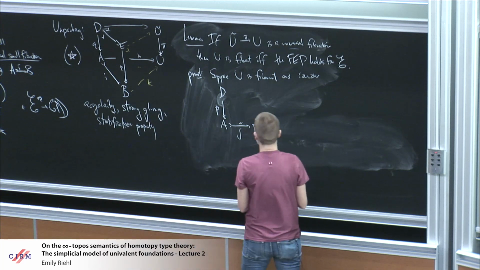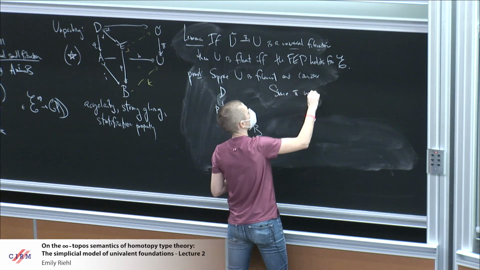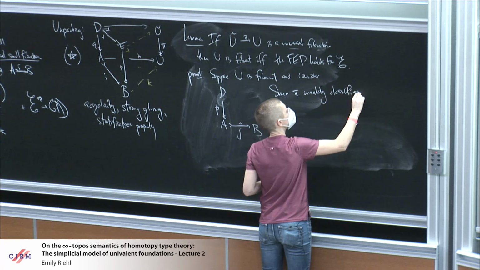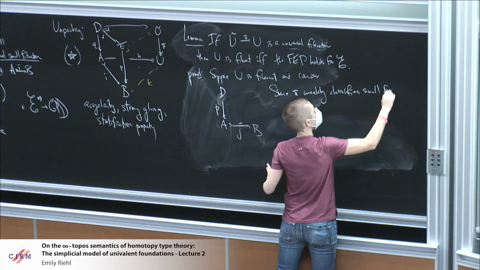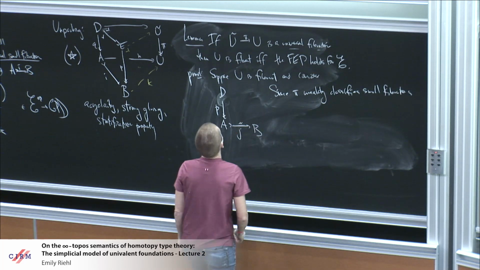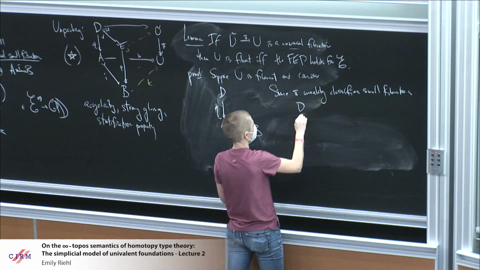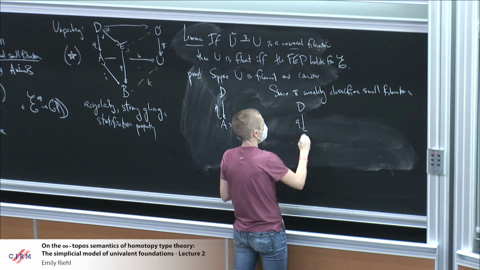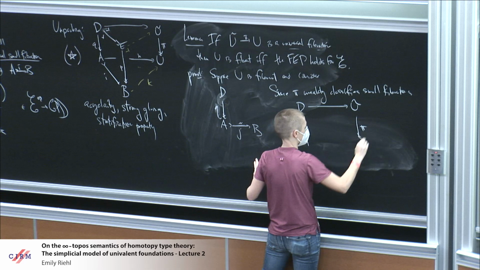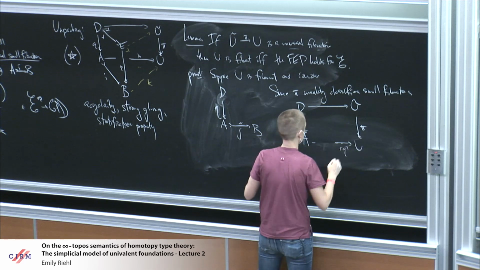Since pi weakly classifies small fibrations, the fact that I have a small fibration Q, I think I called it P above, let me change my notation, the fact that I have a small fibration Q at all means that I can construct a classifying square into the universal fibration. So there exists this classifying square here.